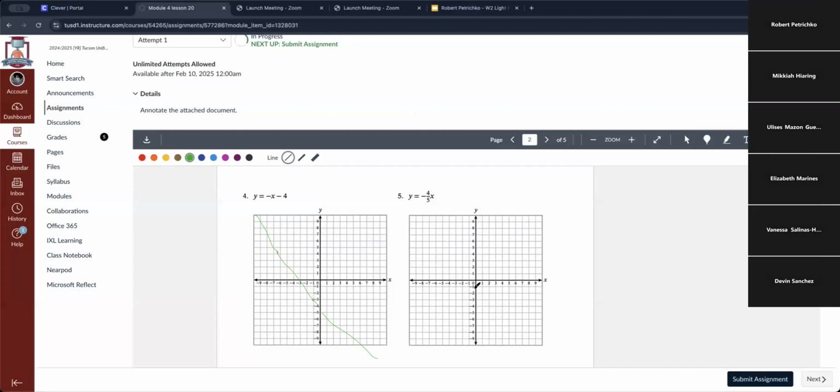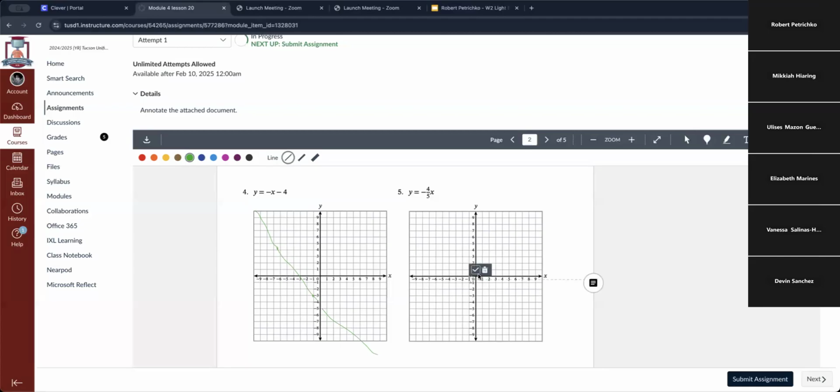Okay. So you're going to draw a vertical line right before -1. Yeah, it's just a vertical line. It's almost -5/5, which is almost -1.